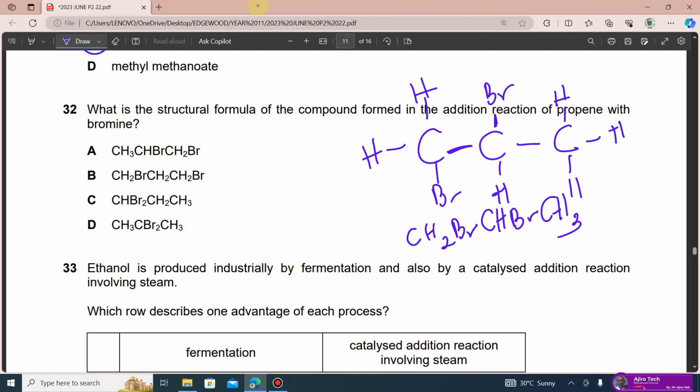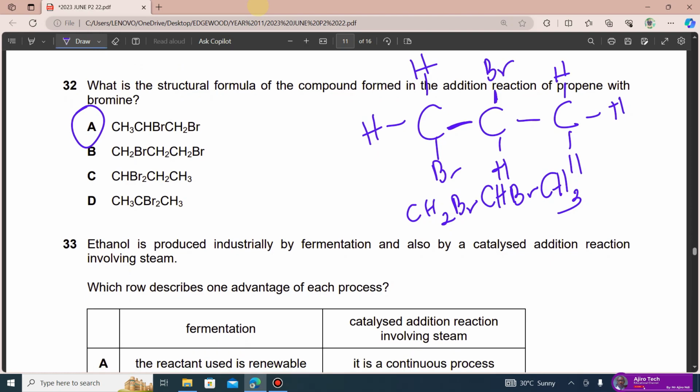Okay, so if we look at this, which of the options matches? CH3, CHBr, CH2Br. So option A matches that answer. So just know that whenever an alkene undergoes an addition reaction with bromine or a halogen, the halogen breaks the double bond and attaches two halogens to the carbon atoms of the double bond.